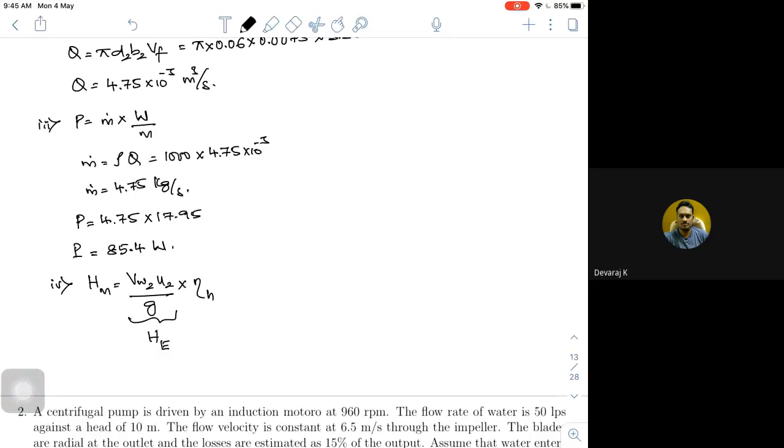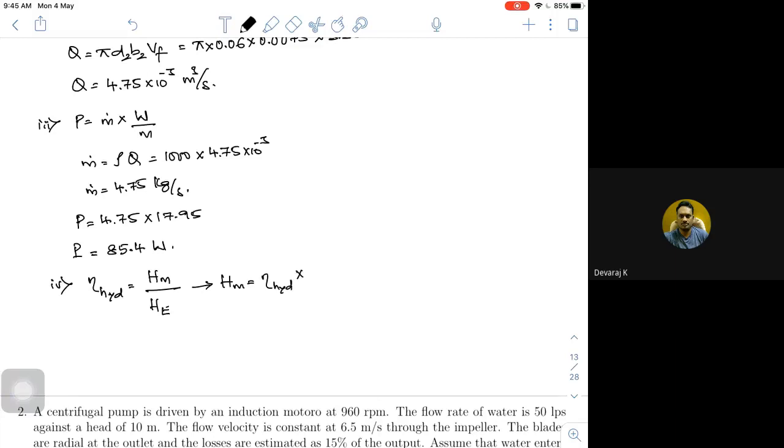You know this formula already, but let me write that formula, that's better. Your hydraulic efficiency is equal to your manometric head by your Euler head, or your manometric head is equal to your hydraulic efficiency multiplied by your He.